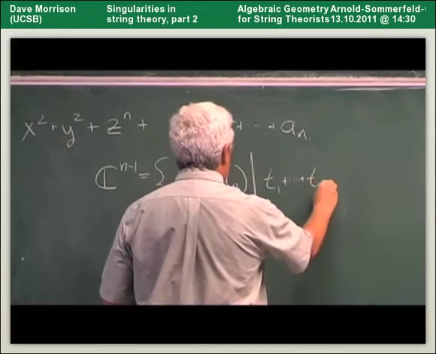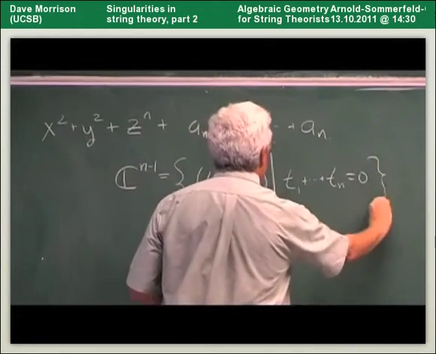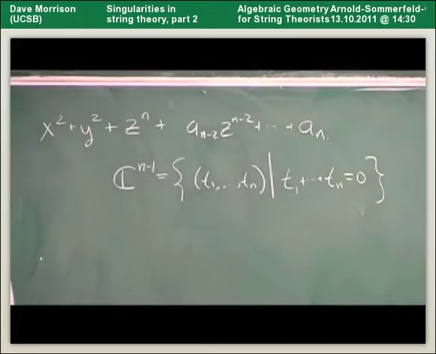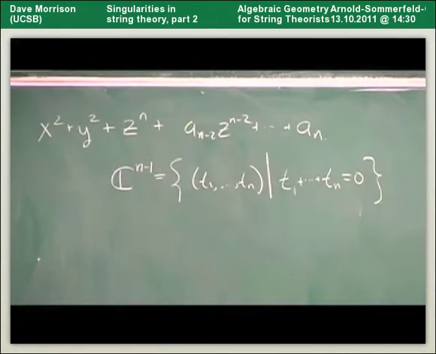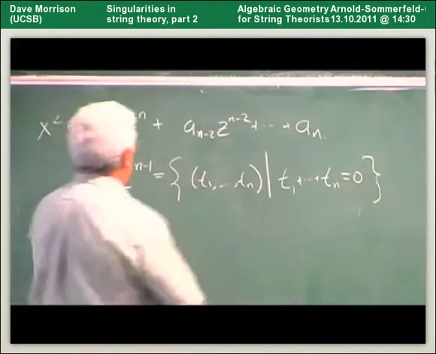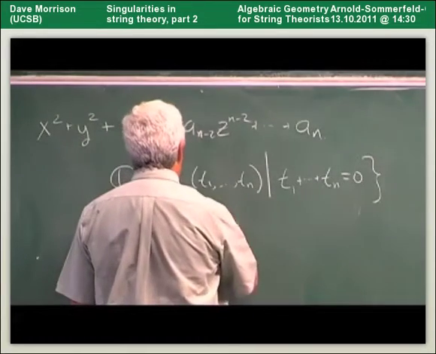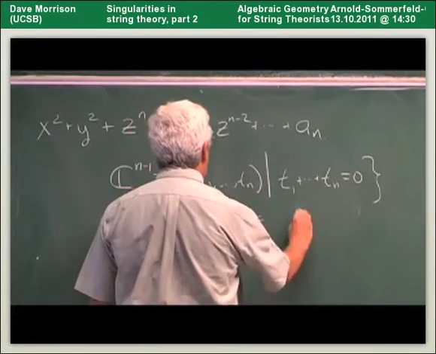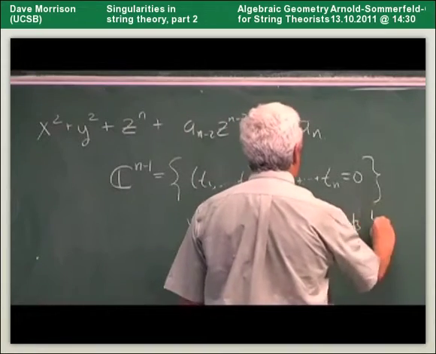And since it's special linear, sorry, this is the algebra maybe. Since it's special linear, the sum of those eigenvalues is 0. And the Weyl group of A_{n-1}, which is the symmetric group on n letters, acts on this by permutations.